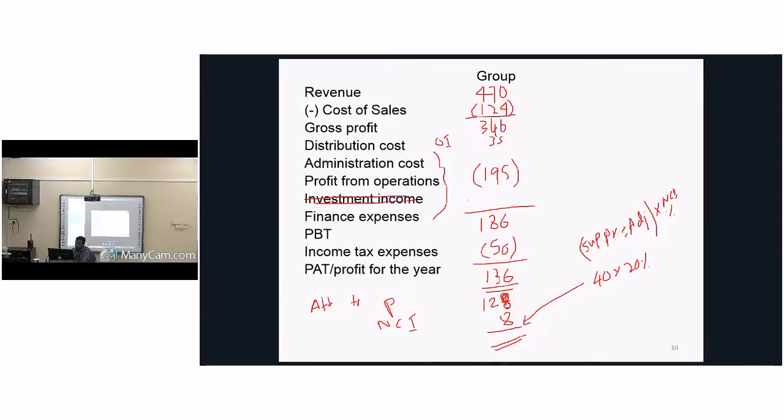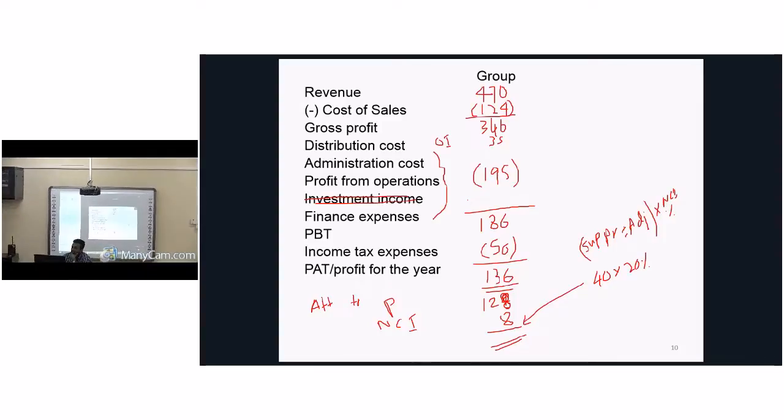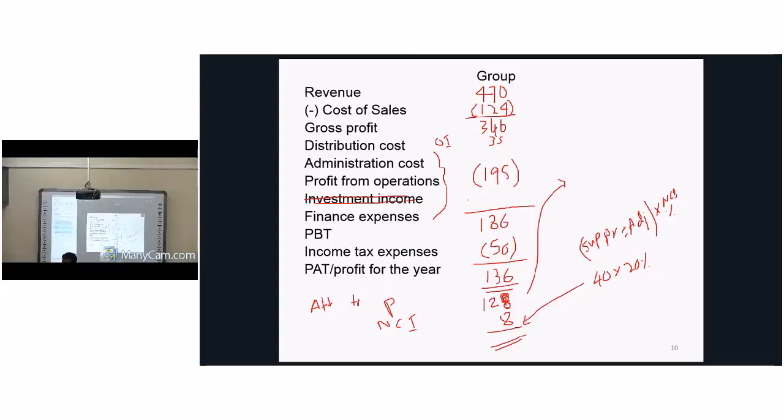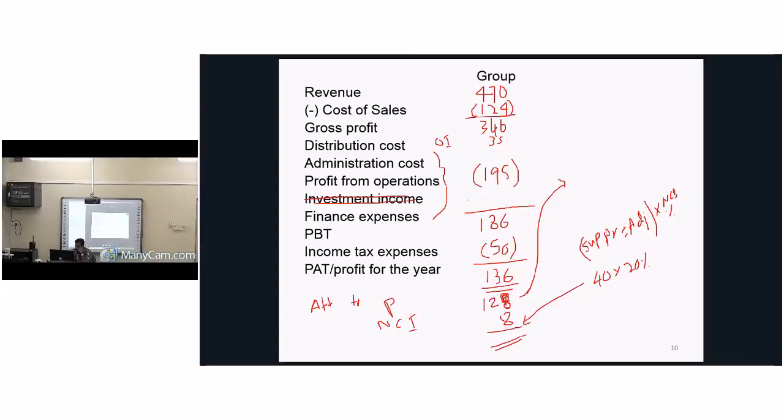How to take 128 if you need? Now, what I did here, I calculated the NCI portion and balance allocated to the parent, right? So, otherwise, if you need to calculate the profit attributable to parent, how should I calculate? 128. Parent's total profit for the year. How much? Look.